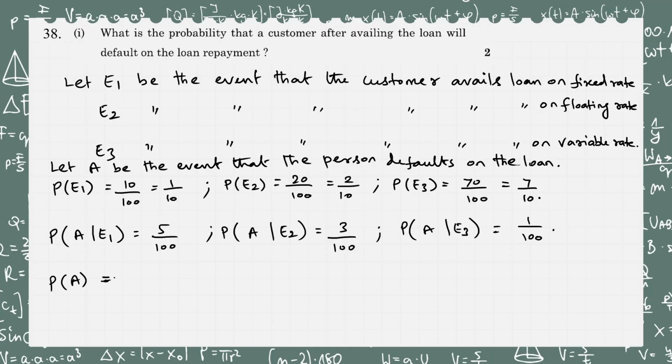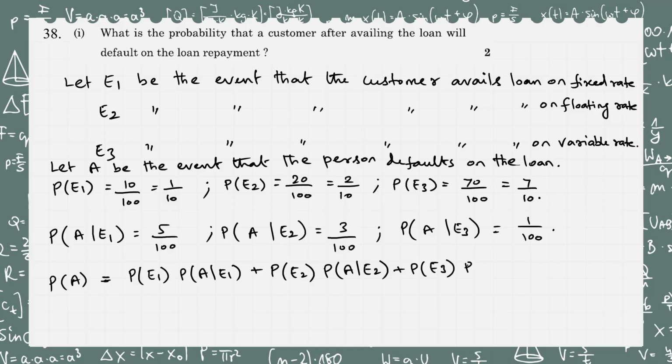So this is based on the multiplication theorem of probability. We are going to do this by writing the formula, which is P of E1 into P of A given E1 plus P of E2 into P of A given E2 plus P of E3 into P of A given E3.